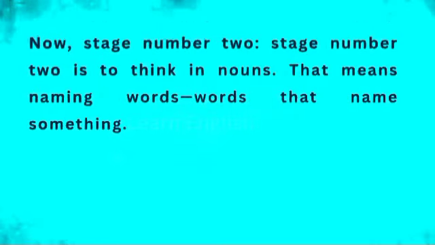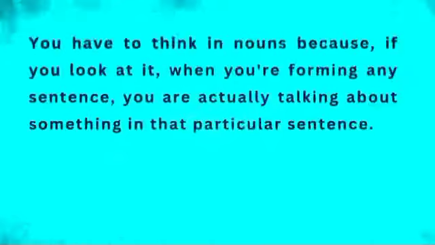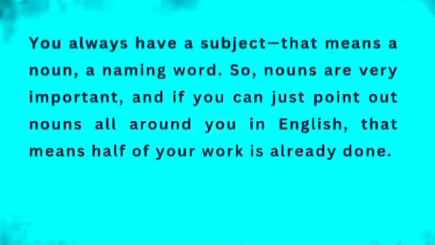Now, stage number 2. Stage number 2 is to think in nouns. That means naming words, words that name something. You have to think in nouns because when you're forming any sentence, you are actually talking about something in that sentence. You always have a subject, that means a noun, a naming word.